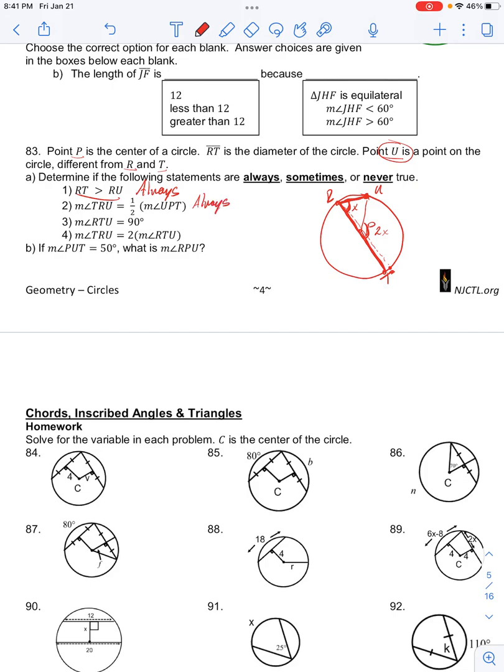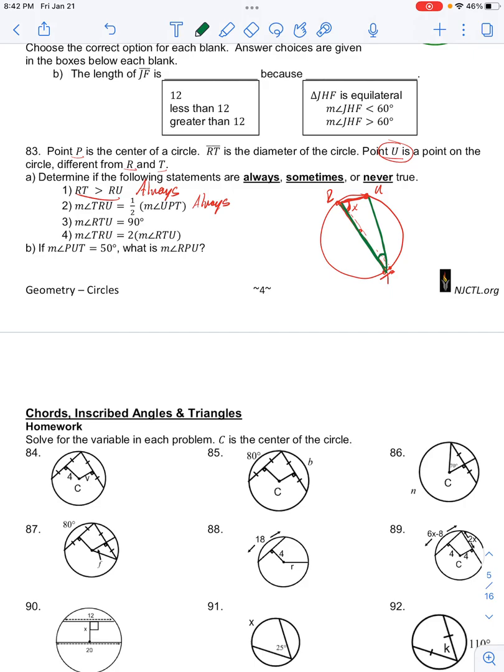Number 3, the measure of RTU. It's getting a little jammed over here, but that would be the measure of this angle. It is not always necessarily true that that is equal to 90 degrees.